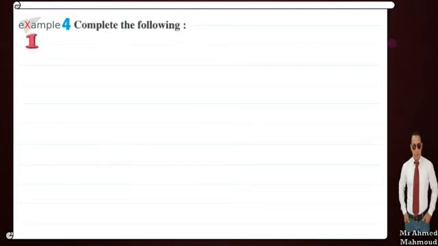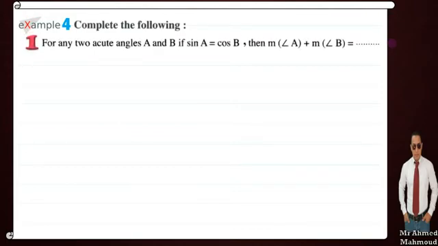Complete the following. Number 1. For any two acute angles A and B, if sine A equal cosine B, that means A and B together equal 90 degrees. Then measure A plus B equals 90 degrees.